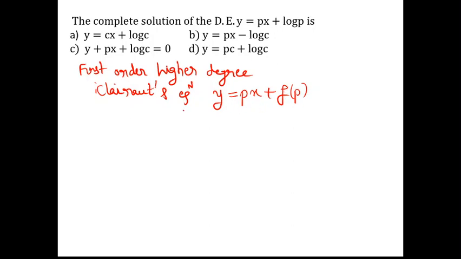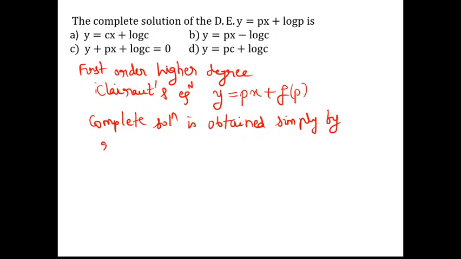So that is obtained simply by replacing dy by dx is equal to p, right, by c. So this is the Clairaut's equation. So how to get this? So that is given by, so what will be its solution?